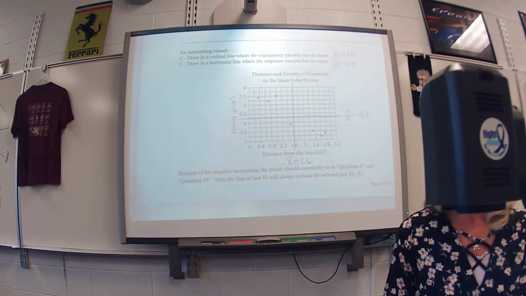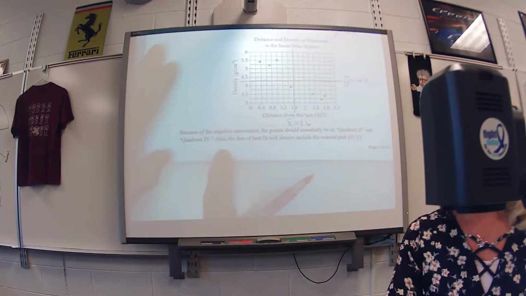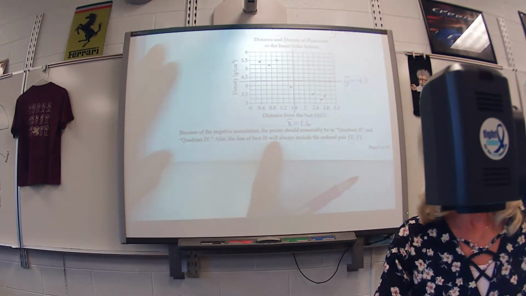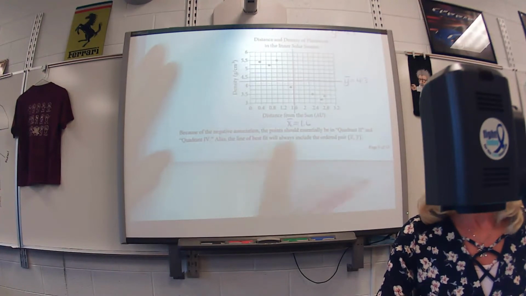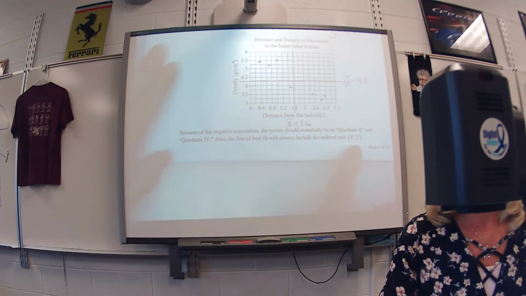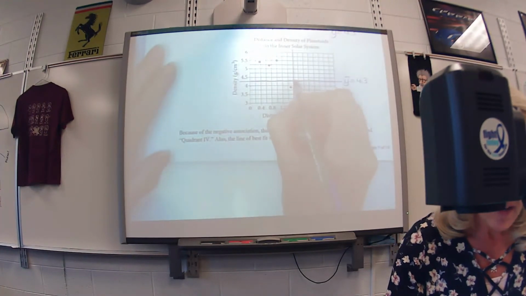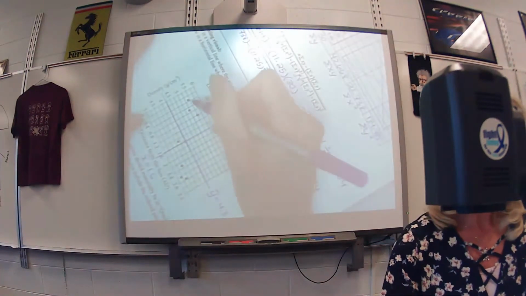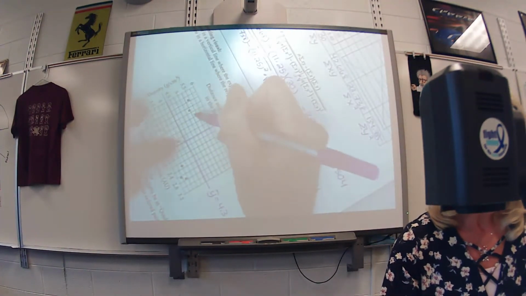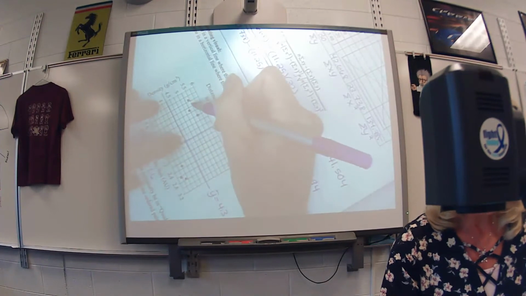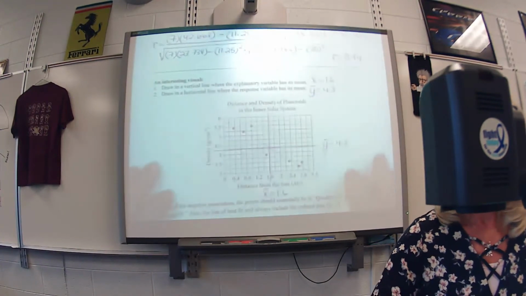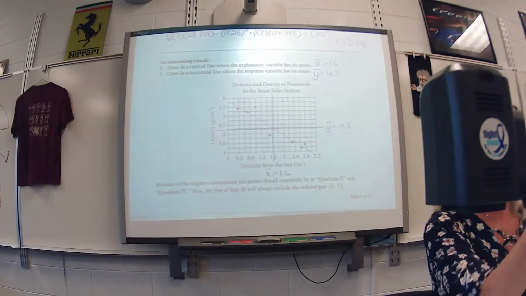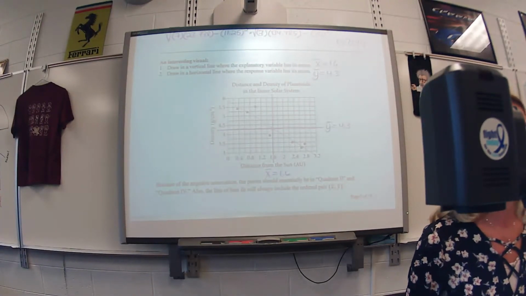And by the way, this is also very cool. The line of best fit will always include the ordered pair X bar, Y bar. So if you had to estimate where your line of best fit goes, I still don't know exactly where it goes, but it has to go through that point. All regression lines always go through X bar, comma, Y bar.